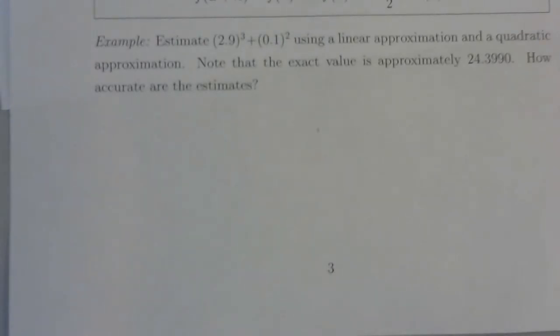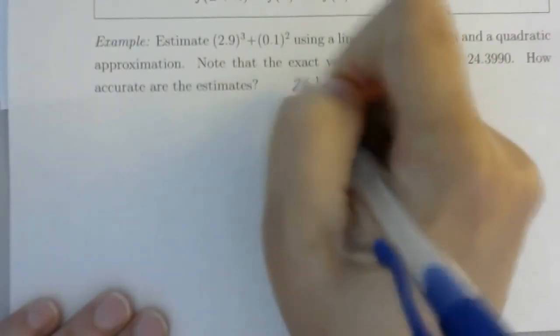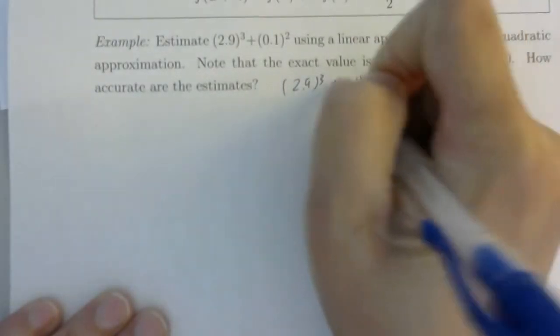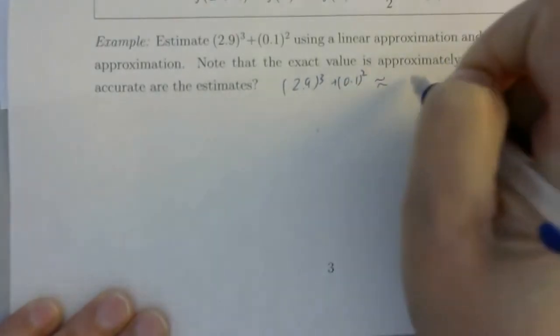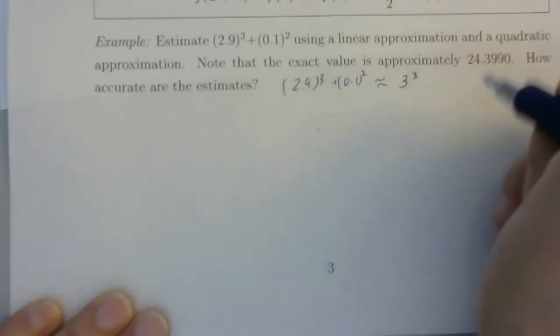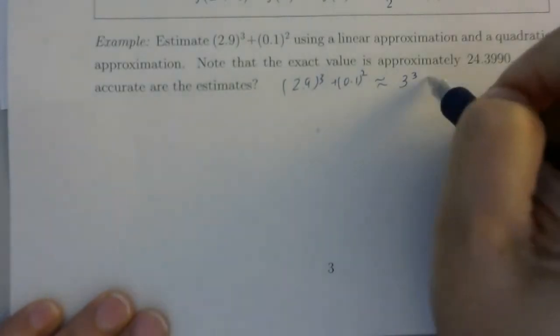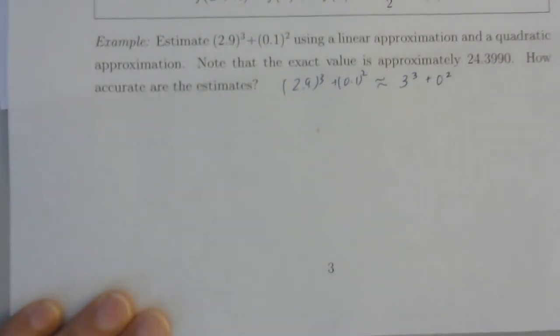So I want to look at 2.9 cubed plus 0.1 squared. It looks a little like 3 cubed, right? Because 2.9 is kind of like 3, and 0.1 is kind of like 0.